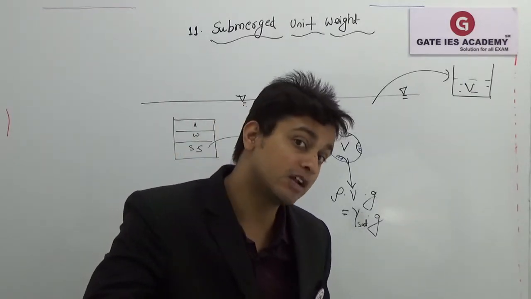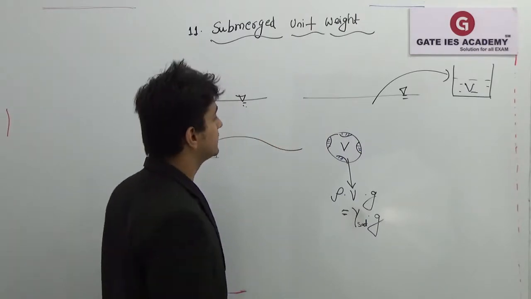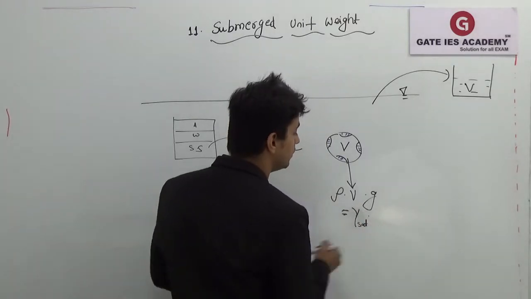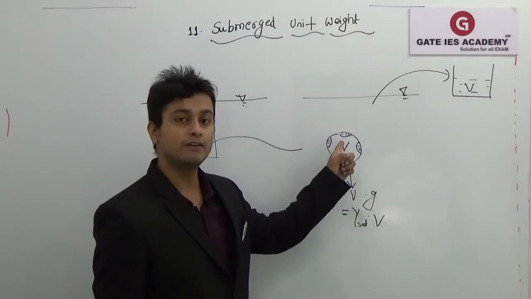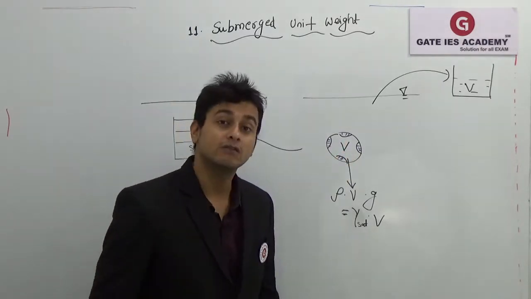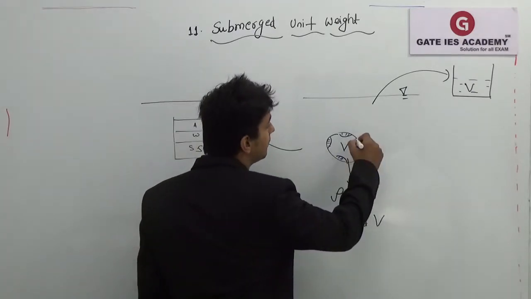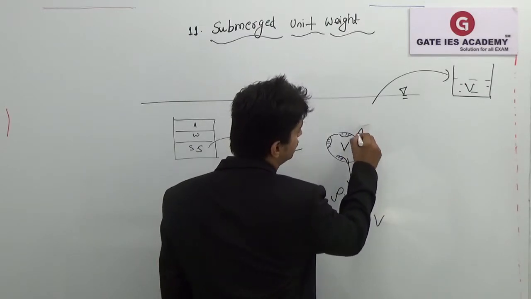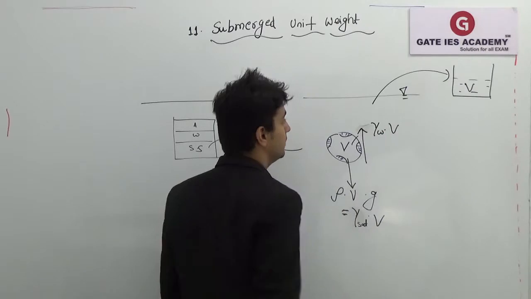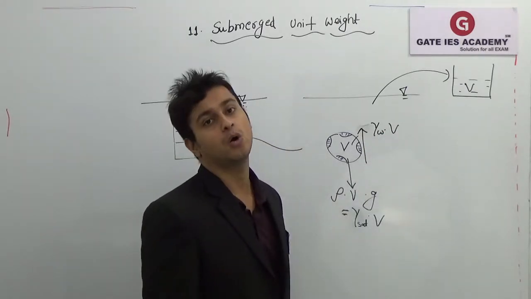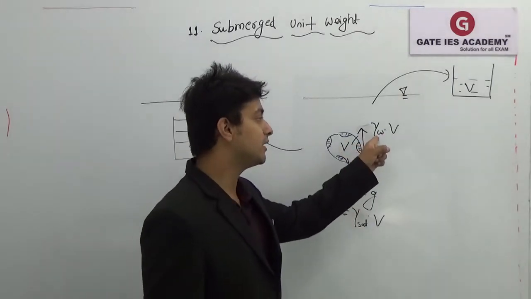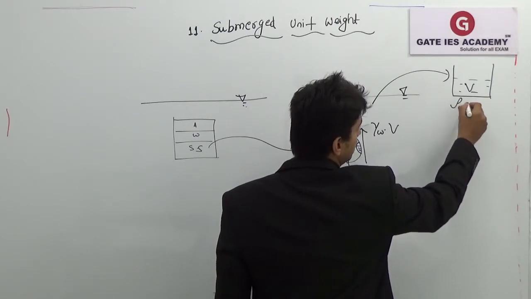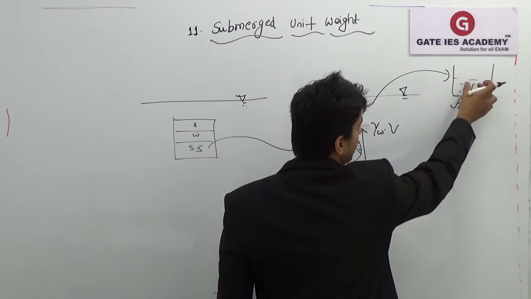The weight of water of volume V will be rho W into V, the mass of the water of volume V, into g.